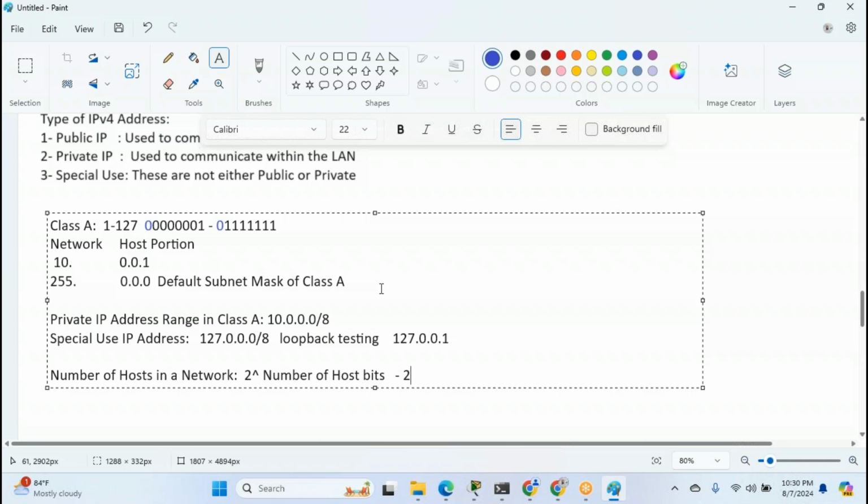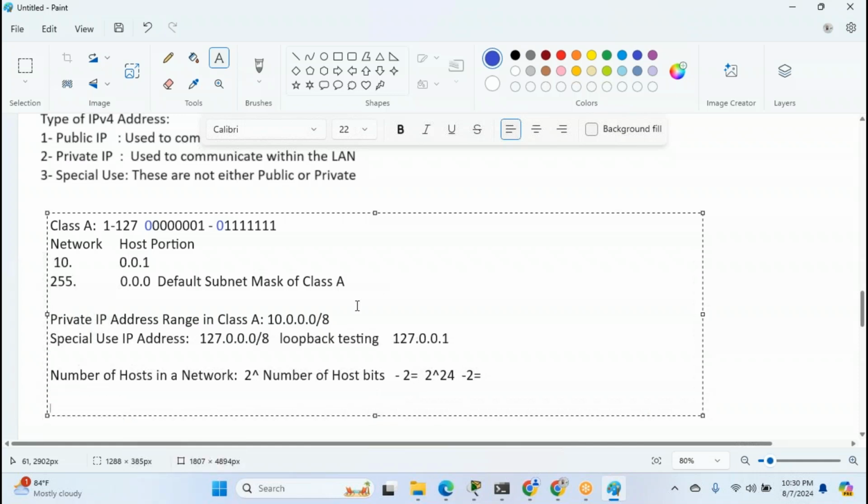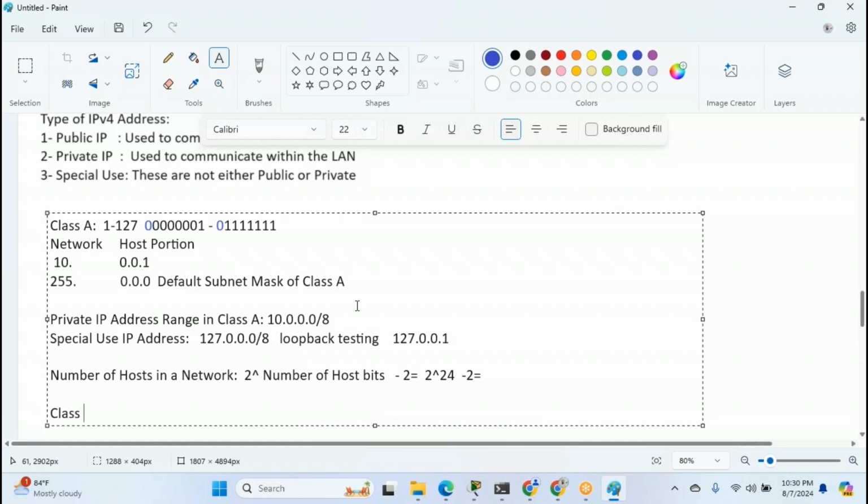In our case, we have 2 raised to the power 24. Whatever the result is, you subtract 2, and you get more than 1 million hosts in a class A network. Not 1 million, I think it is more than 16 million hosts in a class A network. Then in a similar way, the second class is class B.